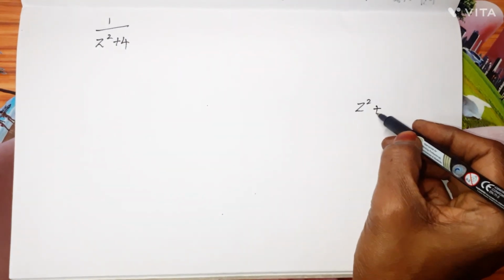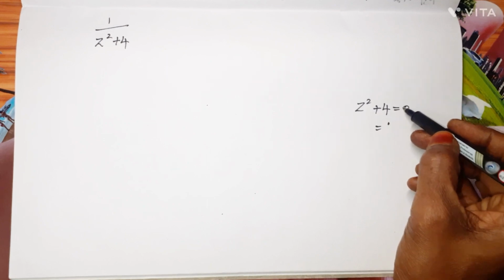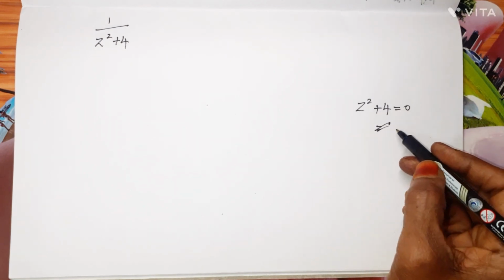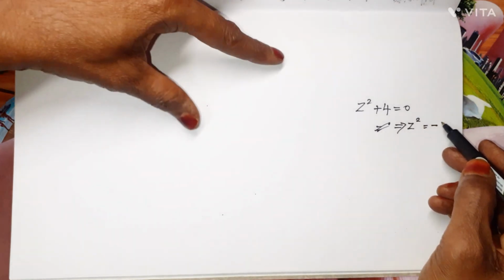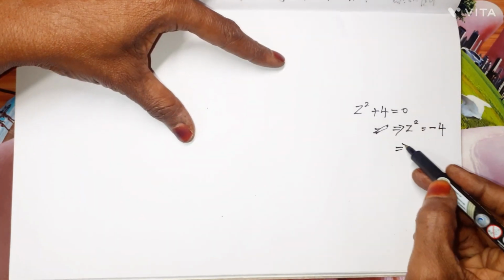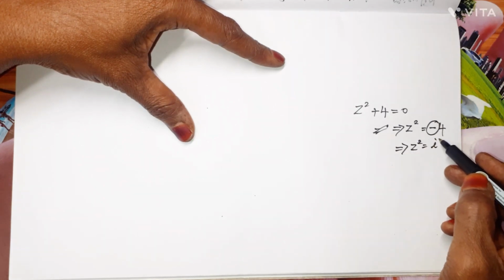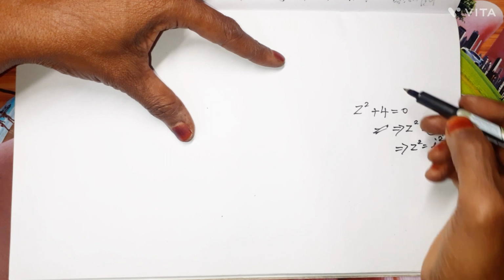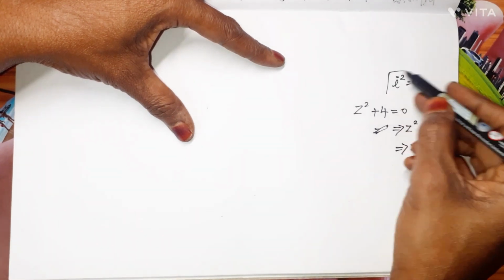Take z squared plus 4 equal to 0, which implies z squared is equal to minus 4. For this minus sign we can take i squared into 4, because already we know that i squared is equal to minus 1.